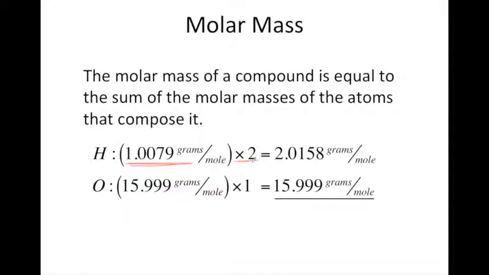Water contains 2 moles of that, so we multiply the molar mass of hydrogen times 2, and oxygen has a molar mass of 15.999 grams from the periodic table, times 1 mole of that. So we add these two together, 2 moles of hydrogen, 1 mole of oxygen, and we get the molar mass for water as 18.015 grams per mole.